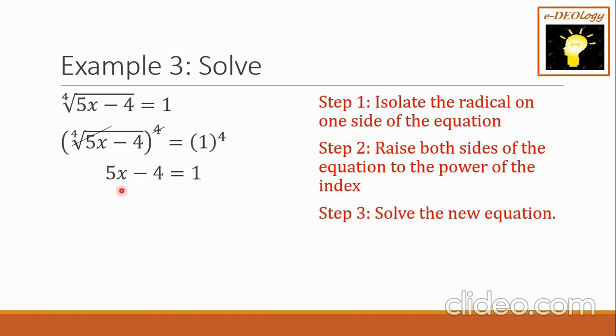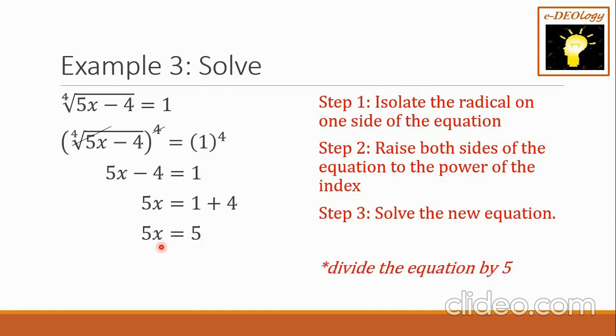Means we're going to solve for x. The negative 4 should be cancelled out by adding 4 to both sides. So adding 4 on the left side will cancel the negative 4. On the right side, when we add 4, it will be reflected here. So 1 plus 4, and simplifying, we'll have 5.